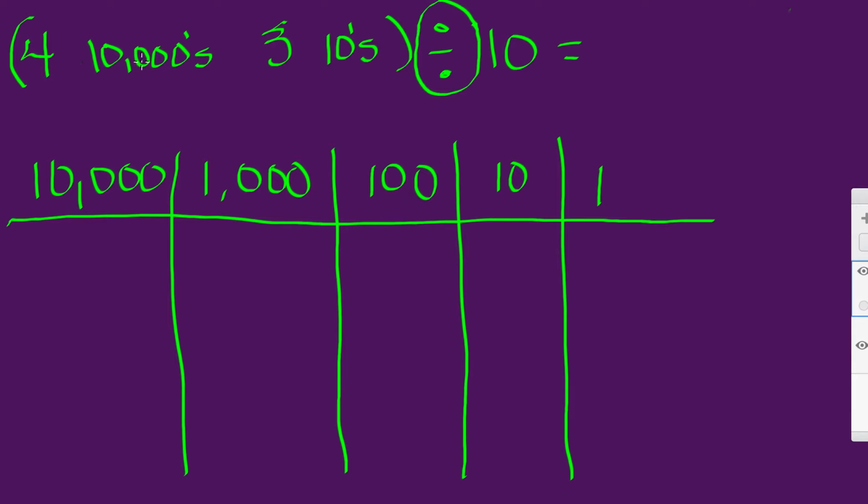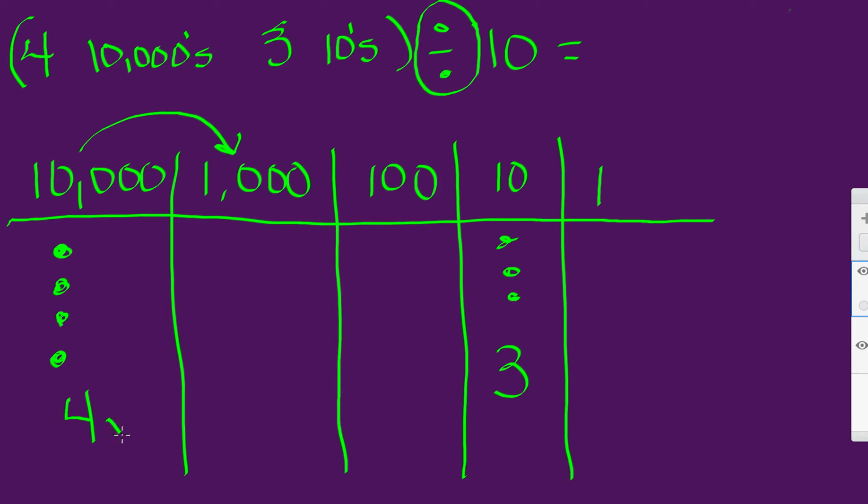So I'm starting with 4 10,000s, that's these. And I'm just going to write 4, that's easy, and 3 tens. Instead of drawing 3 dots, you can just write 3. Since we're dividing by 10, they're going down 1 place value. So the 10,000s are going down to 1,000.